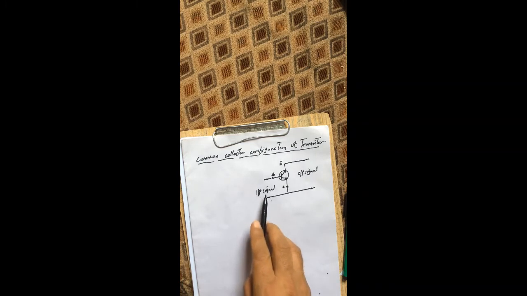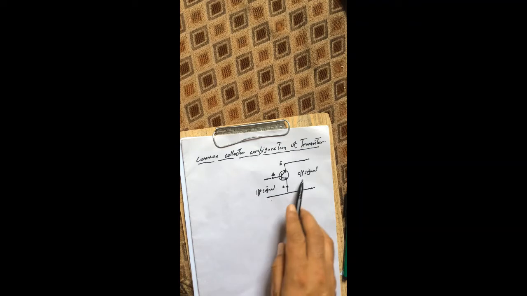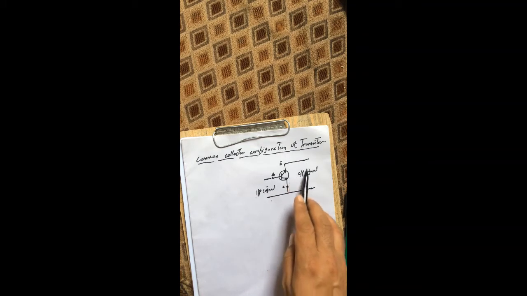So signals are applied at the input terminals, collector and base, and the amplified signal appears at the output terminals, the emitter and collector. This is the output terminal. So this is called common collector configuration of a transistor.